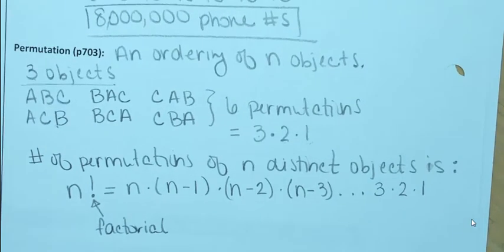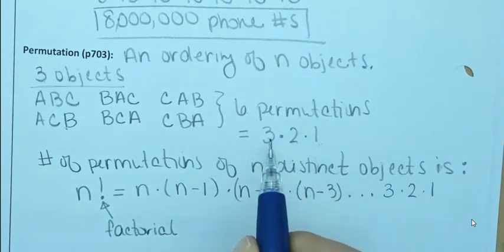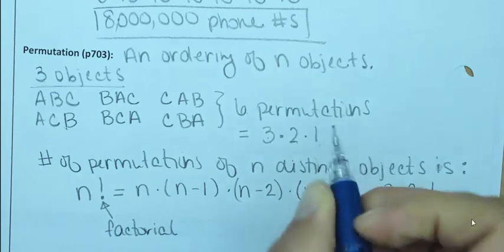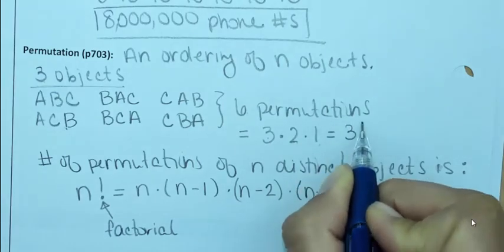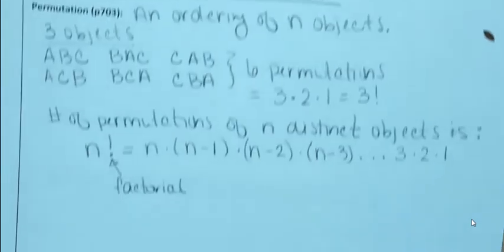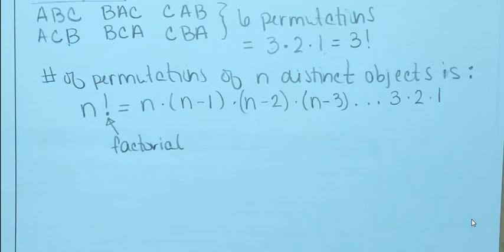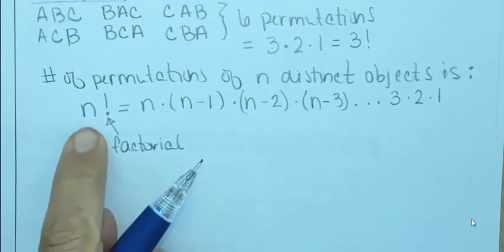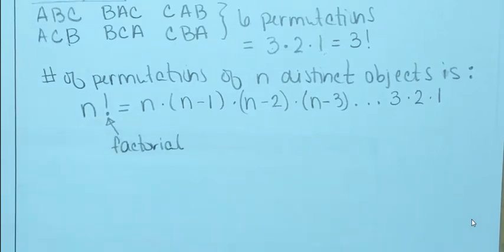Okay, so another way that I could have written this 3 times 2 times 1 is really 3 factorial. Okay, so that's the number of permutations, or the factorial.